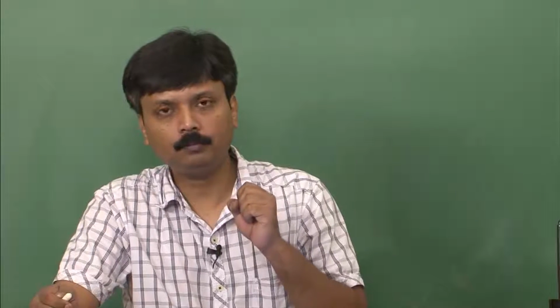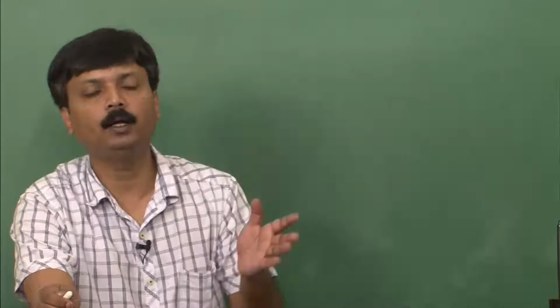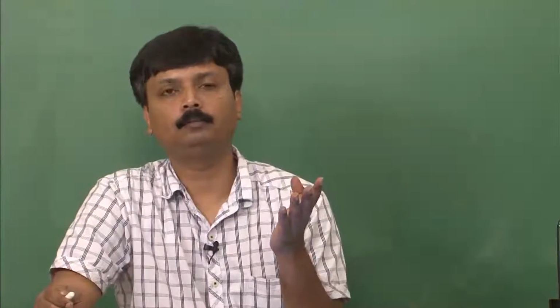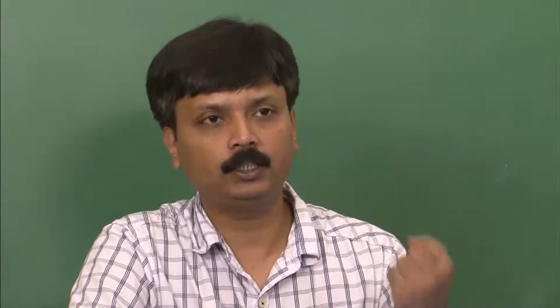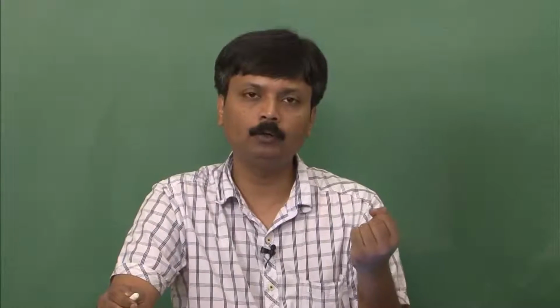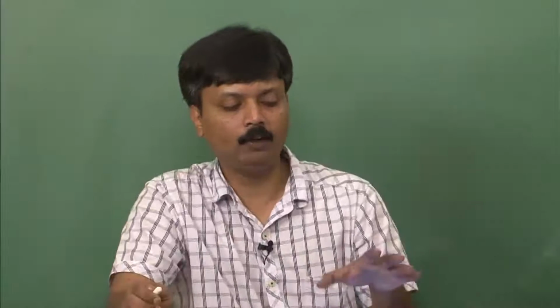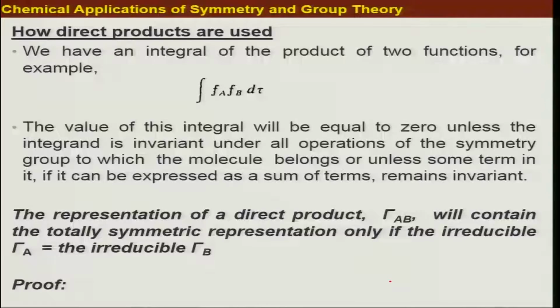Now these functions can be wave functions, right? And wave functions form the basis of irreducible representations. So ultimately it boils down to the property of the irreducible representation. So therefore I can think of this f_A times f_B to be the direct product of two irreducible representations, right?